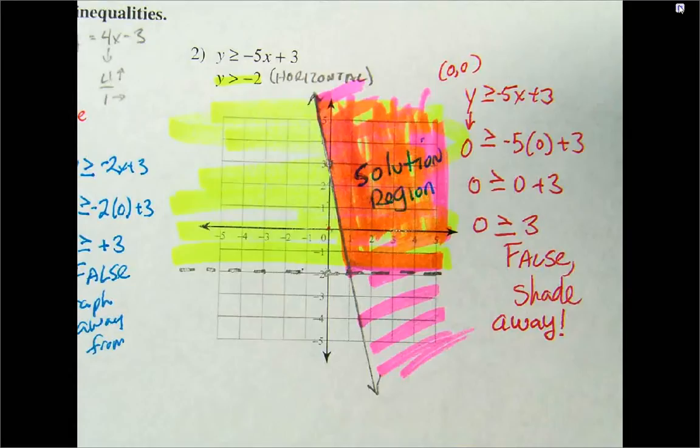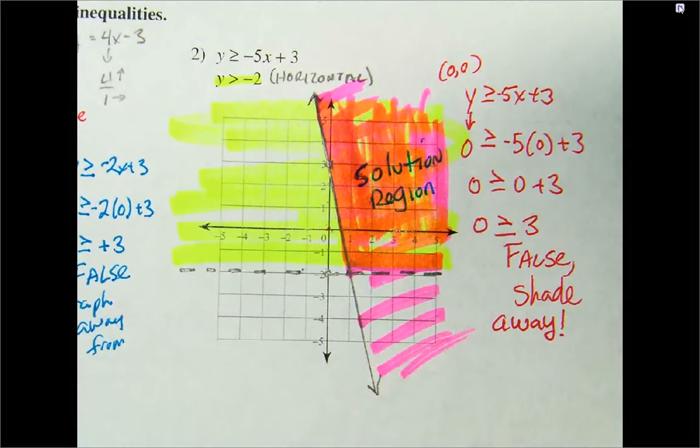Now, if you don't have colored pencils or something like that, an easy way to show where all the solutions are is to use arrows. If you know you're going to shade up from this dotted line here, you can shade like that. And if you're shading down here, now of these four, which one has both of the shading in it?